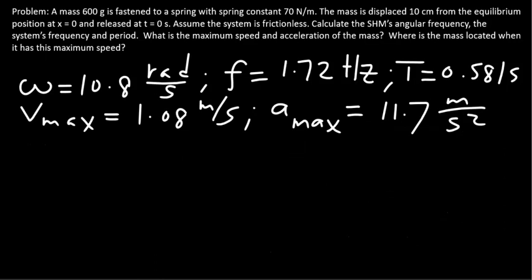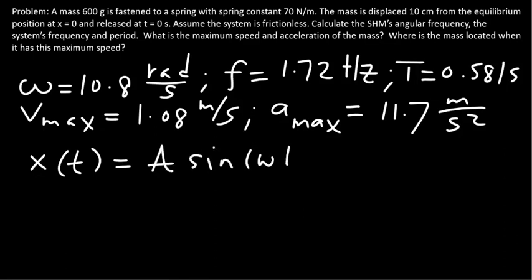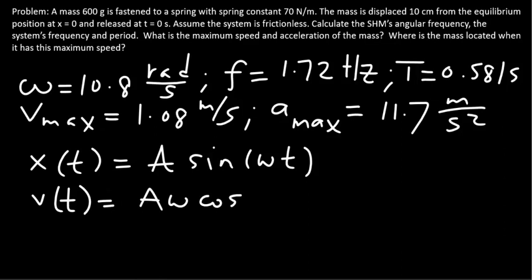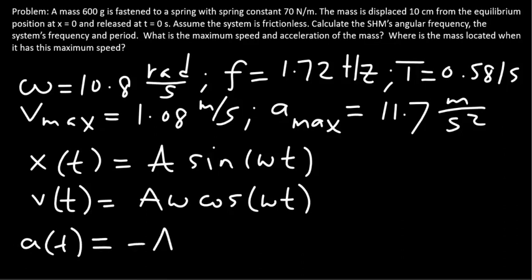So where is the mass located when it has maximum speed? Note that the expression for its coordinate can be written using the sine function, because we know at t equals 0, x equals 0, so we have to use sine and not cosine. Its speed is the time derivative of x, so that's going to be a omega cosine omega t. And the acceleration is the time derivative of v, and that's going to give you minus a omega squared sine omega t.